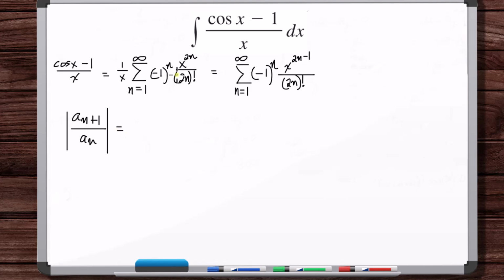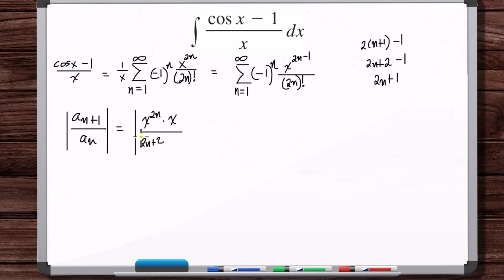So, okay. The minus 1 to the n goes away, and you've got 2 times n plus 1 minus 1, 2n plus 2 minus 1, 2n plus 1. Okay, so x to the 2n times x over 2 times n plus 1, that's 2n plus 2 factorial.